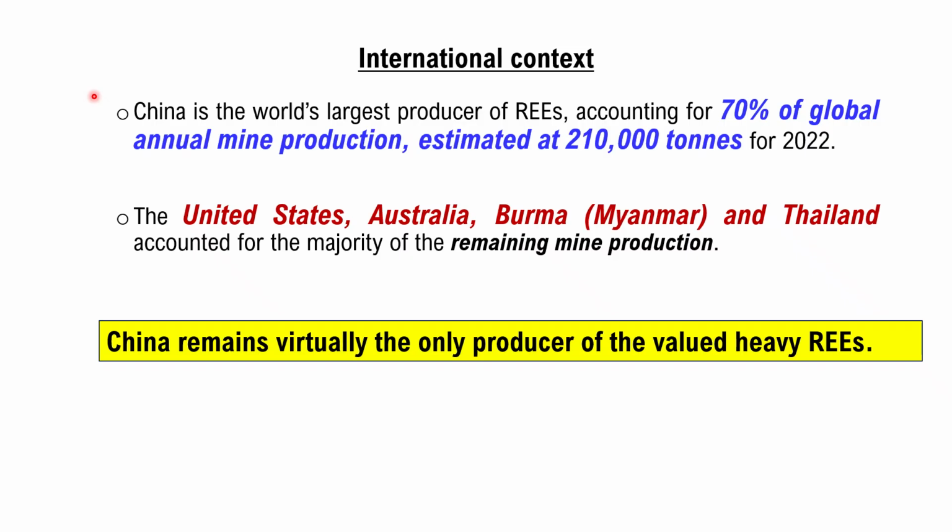Now coming to the international context. China is the world's largest producer of REEs. It accounts for 70% of global annual mine production, estimated at 210,000 tons in the year 2022. The remaining 30% or so is mined by the United States, Denmark, and others, making up the majority of the remaining mine production.